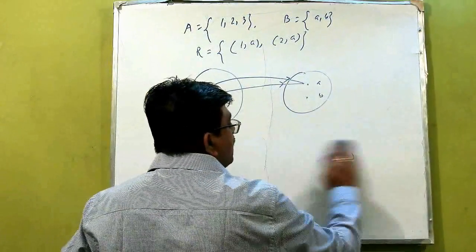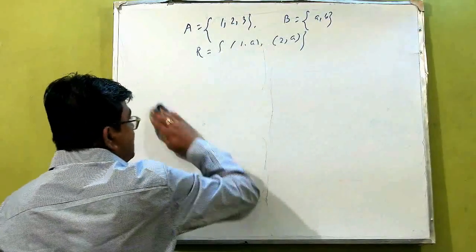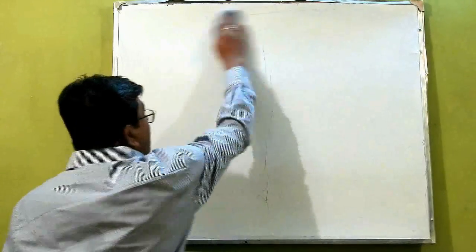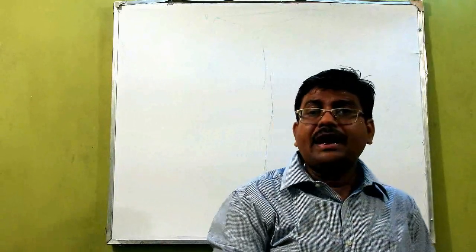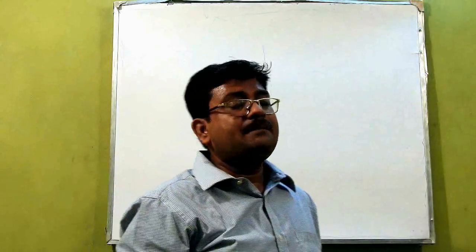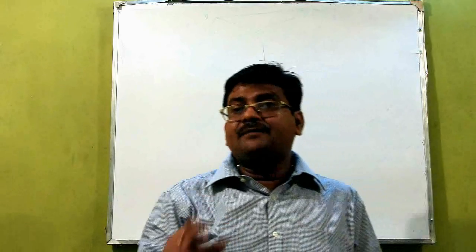Number 1, null or void relation or empty relation. Let us consider a relation R defined on the set A itself.